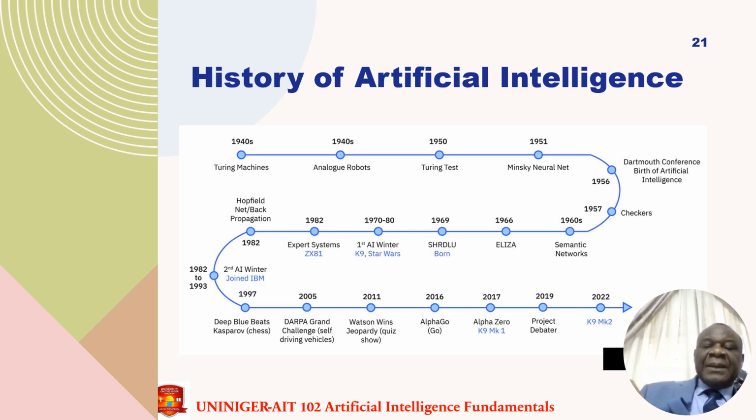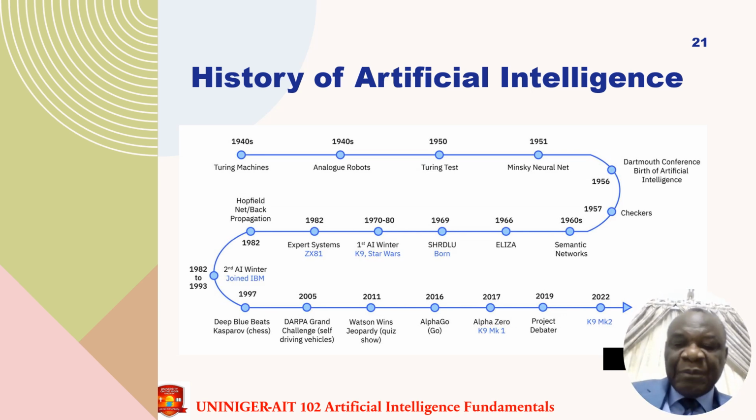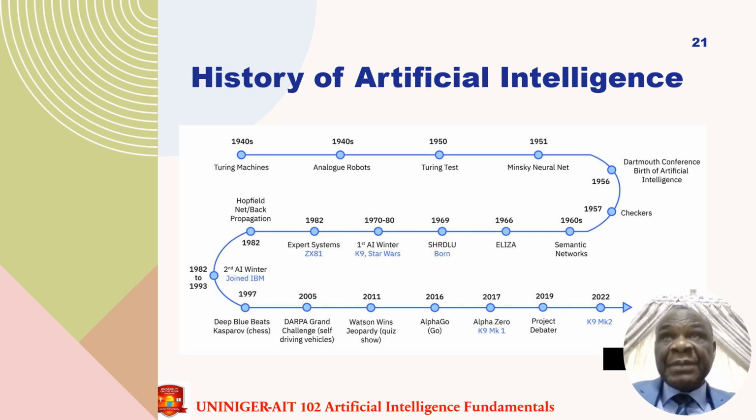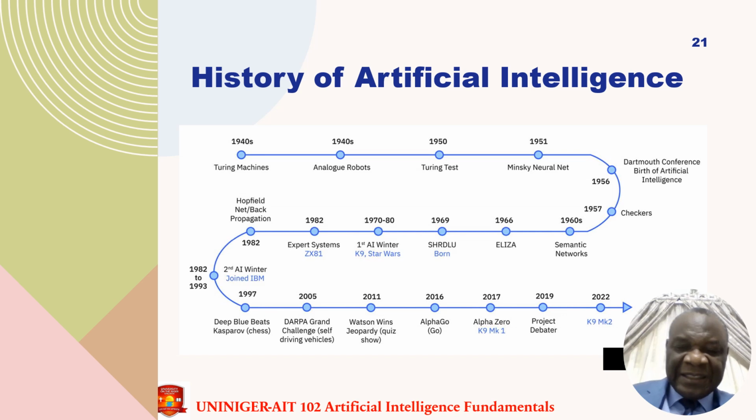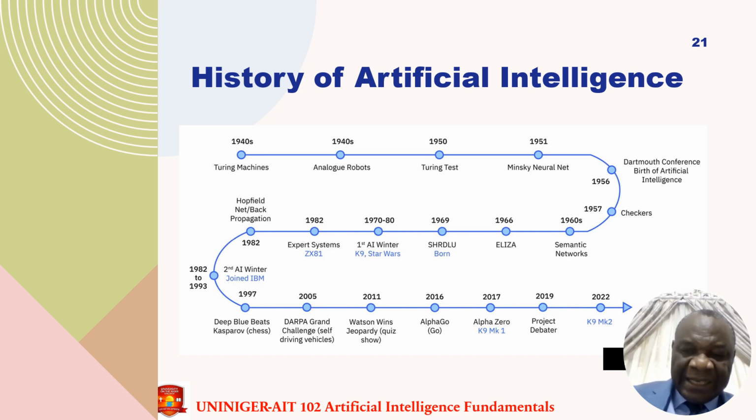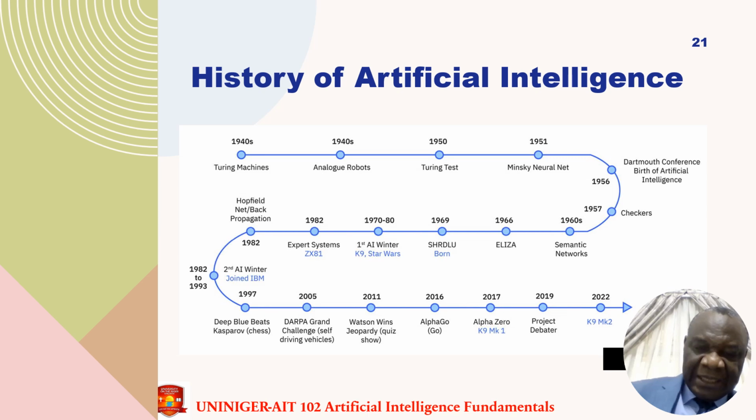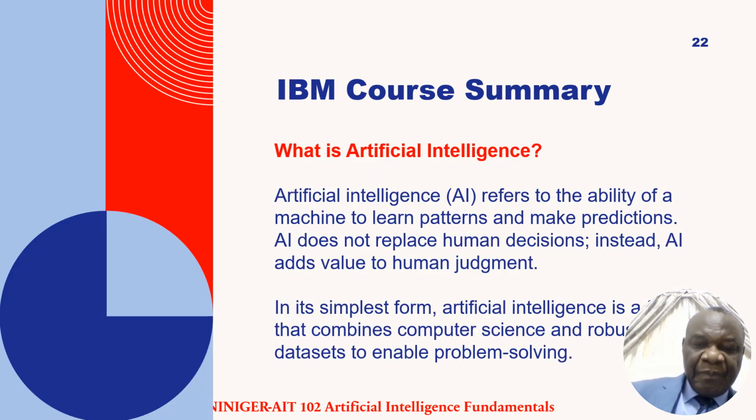The important thing about the history of artificial intelligence is when that name was coined in 1956 by a Dartmouth conference in the US. That was the birth of artificial intelligence. And ever since, it's had ups and downs. And as you can trace the history, there were 2 winters when things were down, basically because there was no computing power and no data.